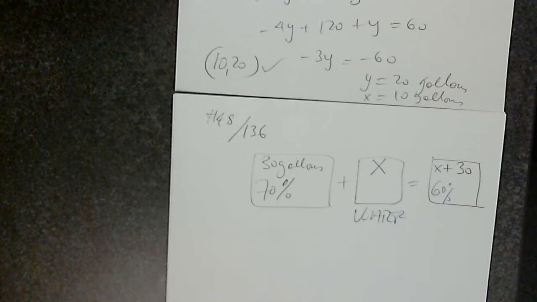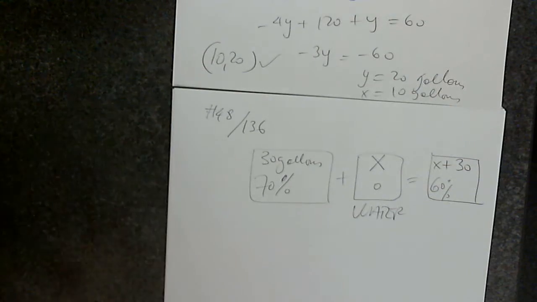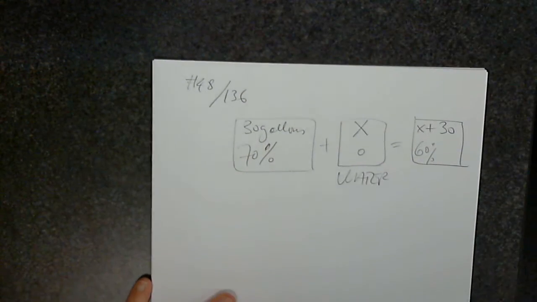Okay, and what is the concentration of antifreeze in water? 0. We really hope that, of course. So 0. Good. Since there is only one variable, how many equations will you have? One.